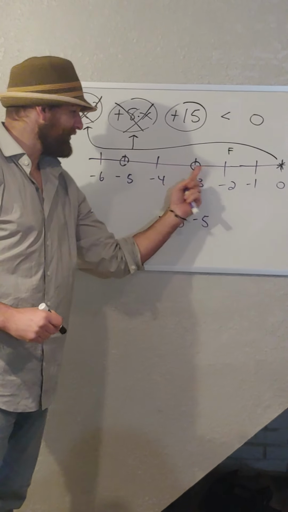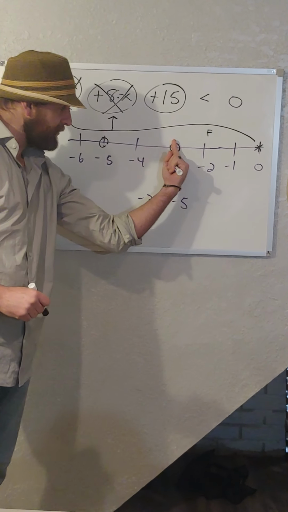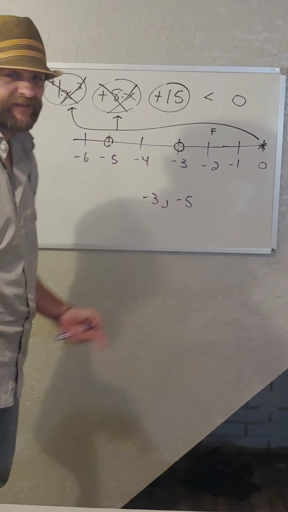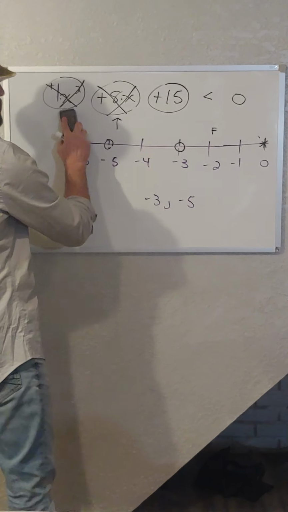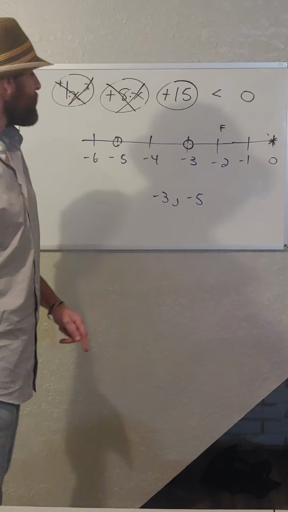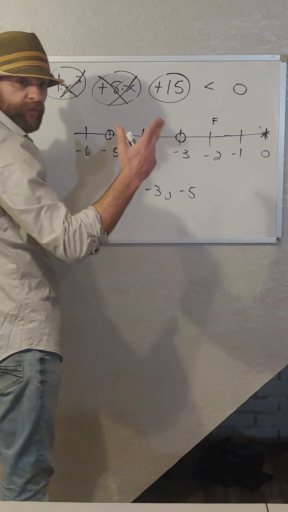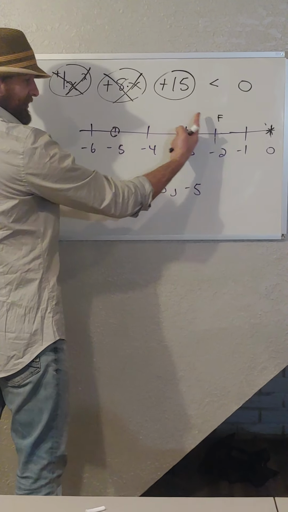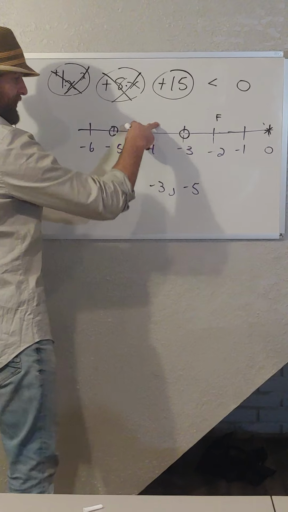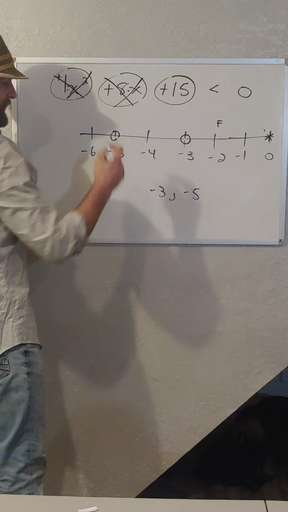Now this point is on this side of the bubble, so this is basically my region from -3 over here that I'm testing out. By default, every other one of these regions will always be the same. So whatever this region is, skip this region, and the next one will always be the same as that one.